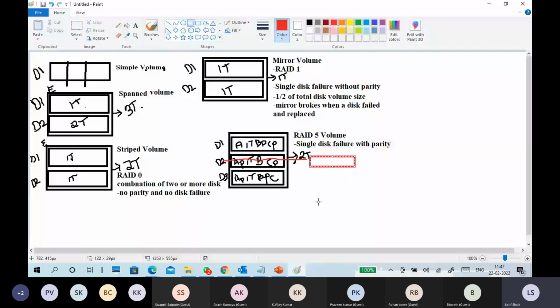Data will be regenerated into these disks. So this is RAID 5.